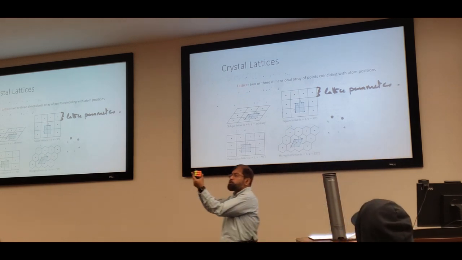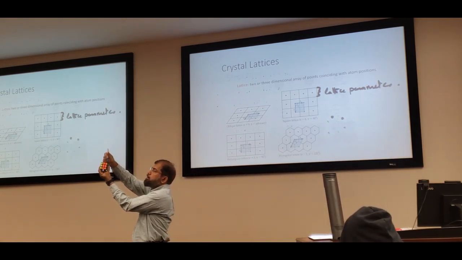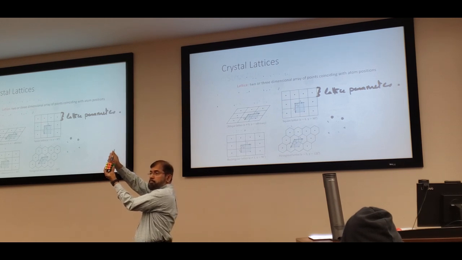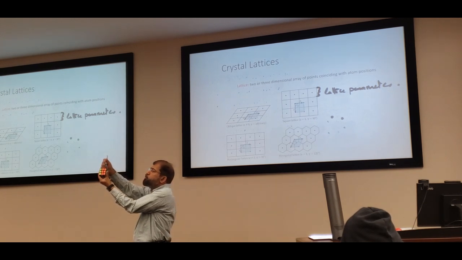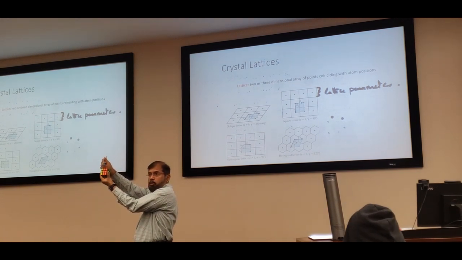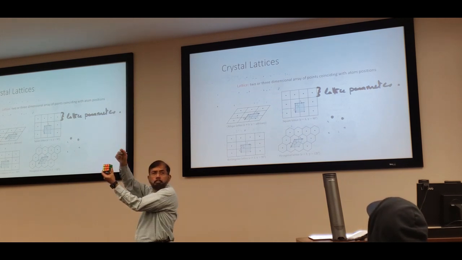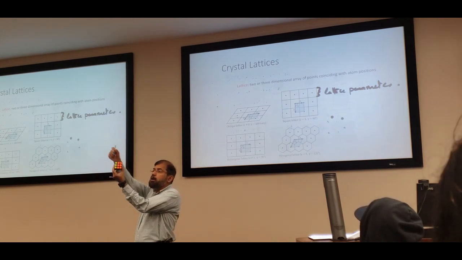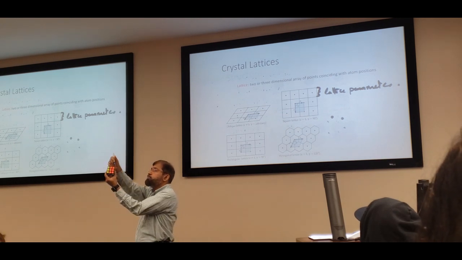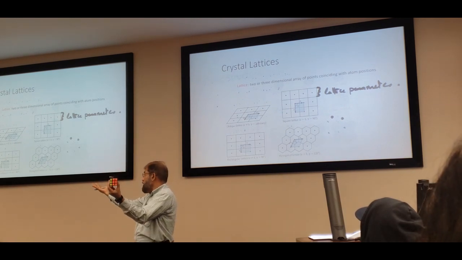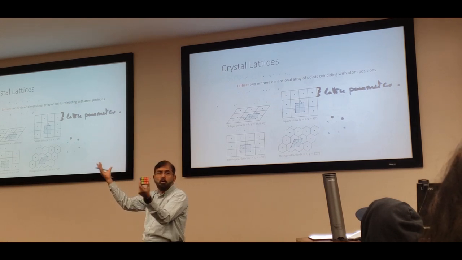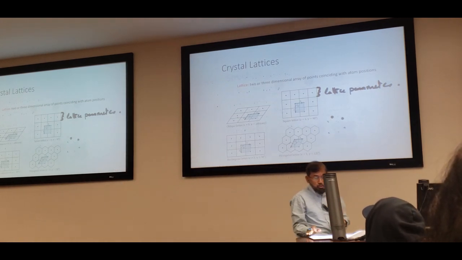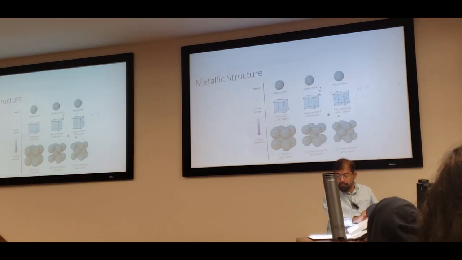If you consider one of the sides of the unit cell, we call it a, the lattice parameter. Usually the lattice parameter is a lowercase letter a. And you know that for a cube, all these sides are equal. So all the lengths of the sides are a, for a cubic unit cell. That is called the lattice parameter.